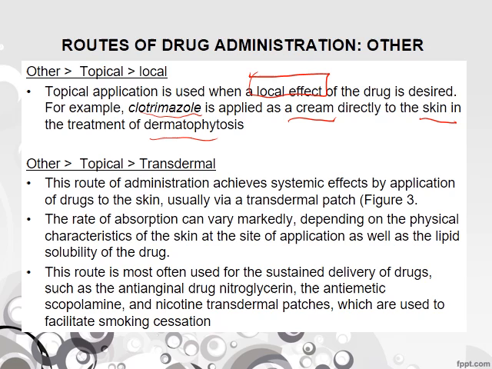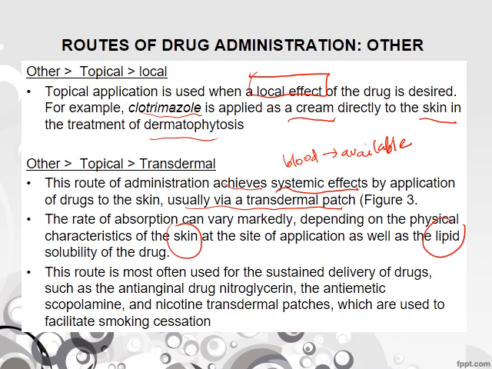This route of administration achieves a systemic effect, meaning the drug enters the blood and is available to tissues all over the body. You apply the drug to the skin, usually via a transdermal patch. The rate of absorption can be very different depending on the physical characteristics of the skin of the person, as well as the lipid solubility of the drug.